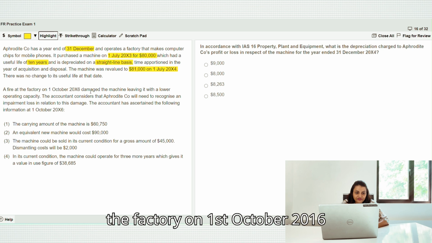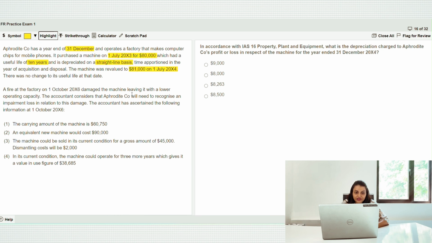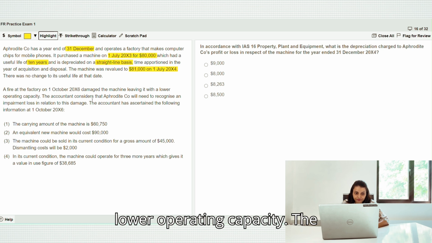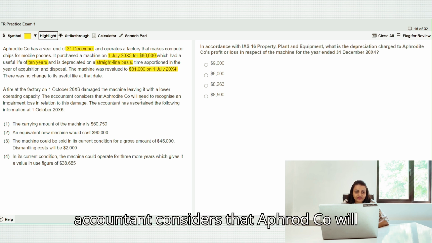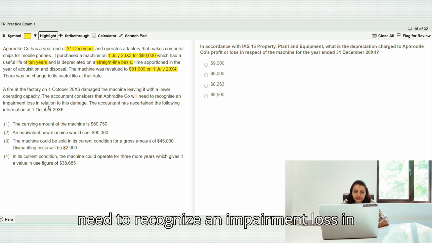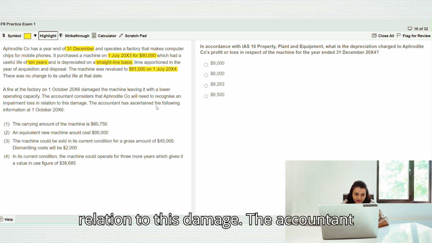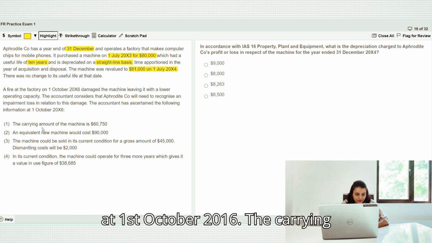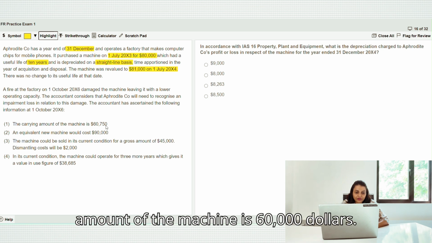A fire at the factory on 1st October 2016 damaged the machinery, leaving it with a lower operating capacity. The accountant considers that Afroid Co will need to recognize an impairment loss in relation to this damage. The accountant has ascertained the following information at 1st October 2016. The carrying amount of the machine is $60,000.